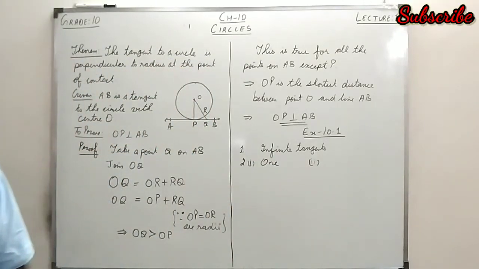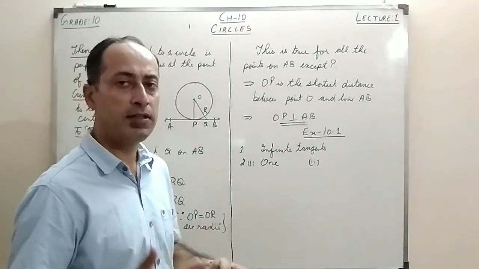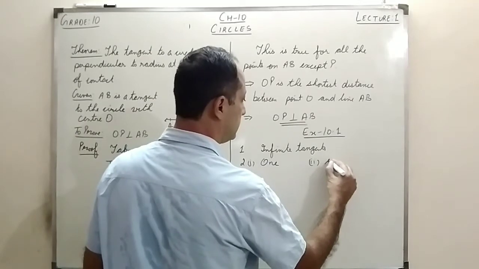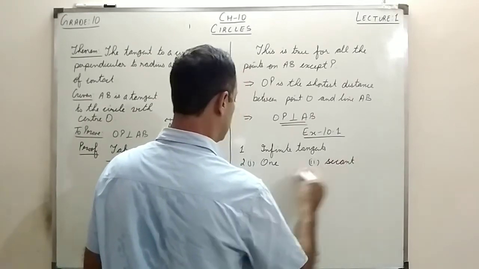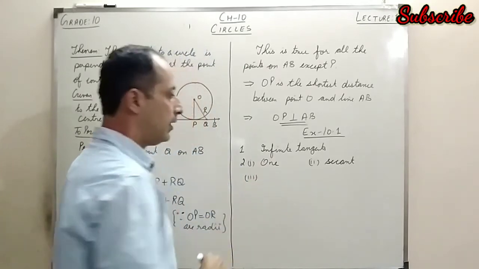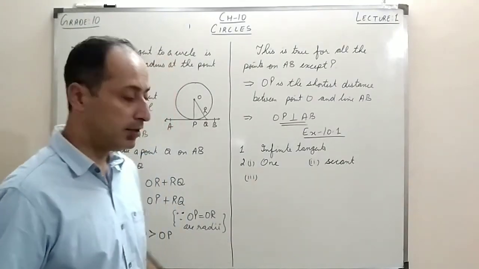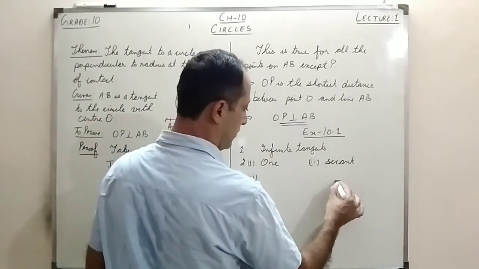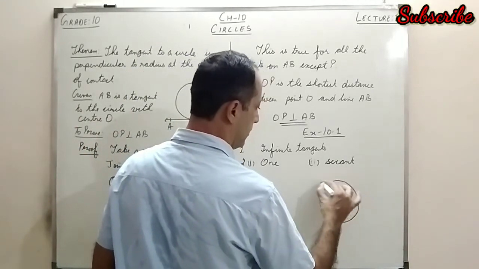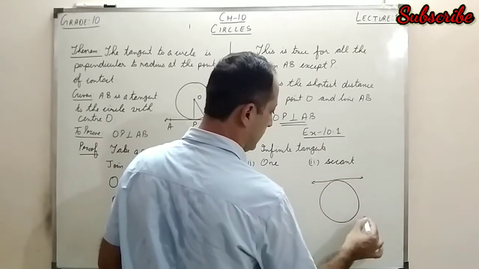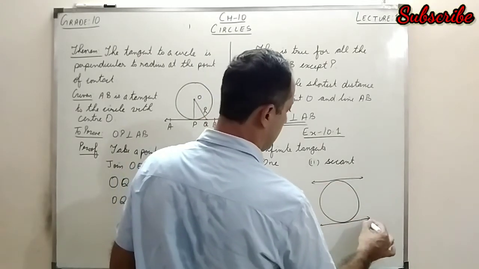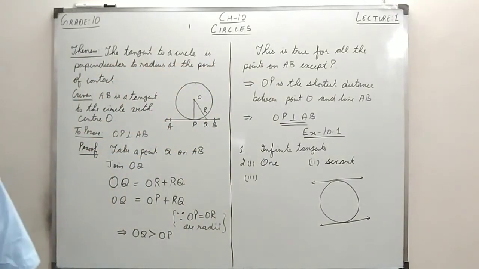Now the second part, they have asked: a line intersecting a circle in 2 points is called. We have already discussed that a line which intersects the circle at 2 points is called a secant. The third fill-up: a circle can have dash parallel tangents at the most. At the most, this is 1, this is 2, so there's a pair.